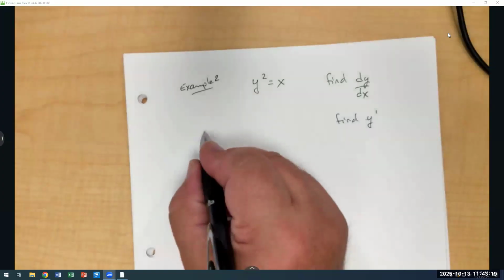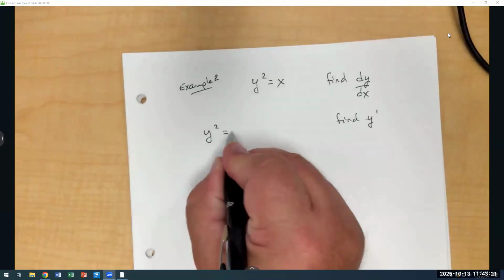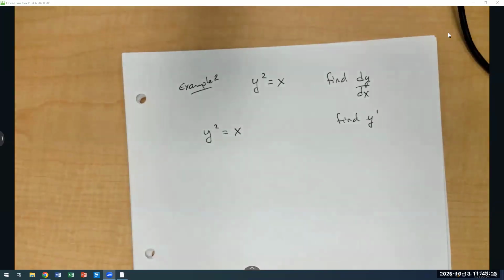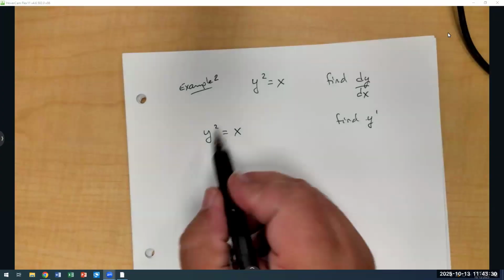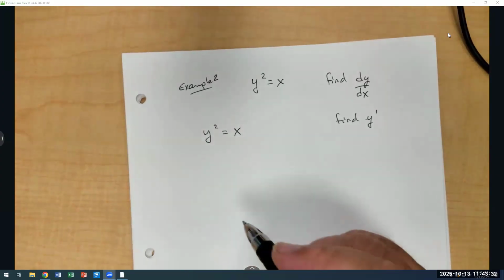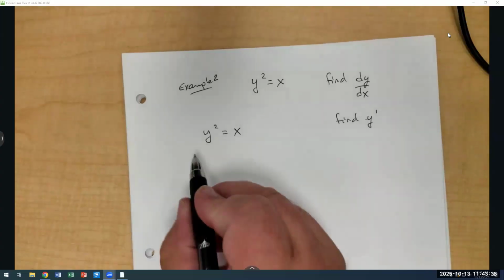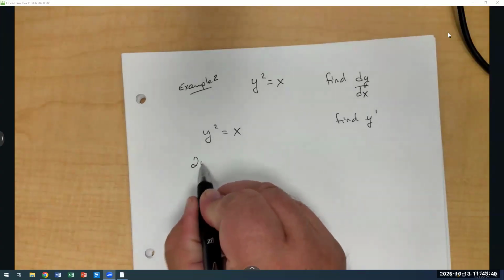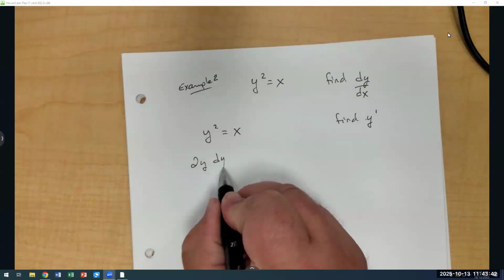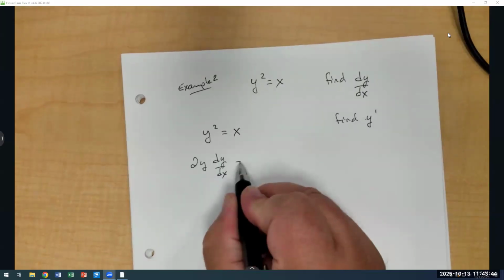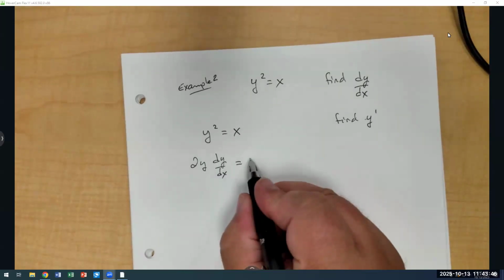So what's the derivative of this equation? What's the derivative of y squared? 2y dy/dx. What's the derivative of x? 1.